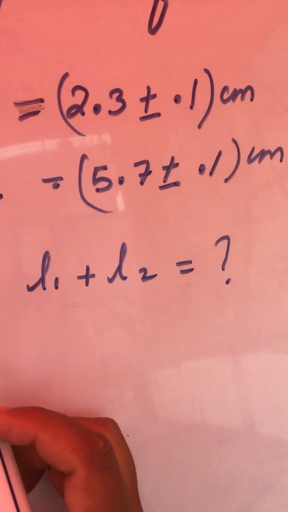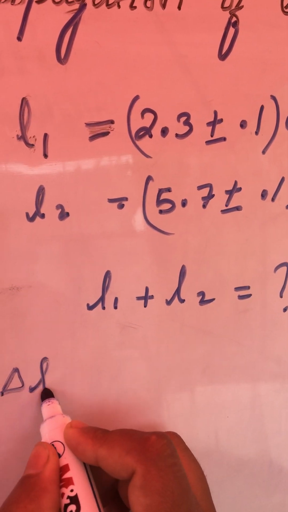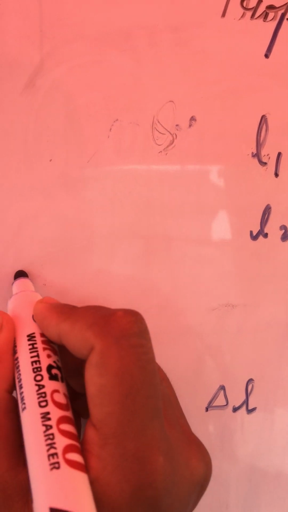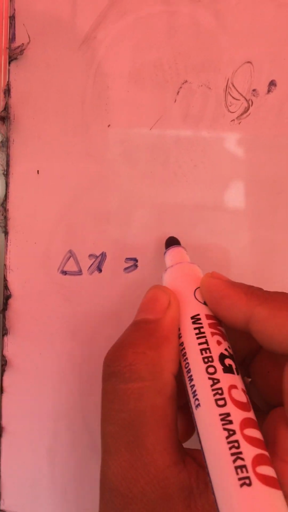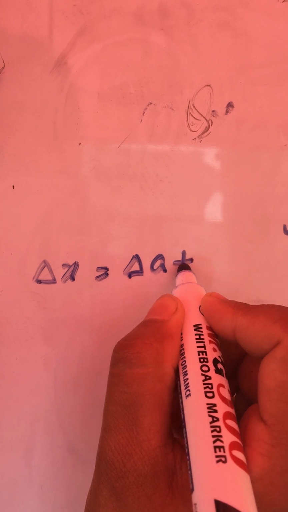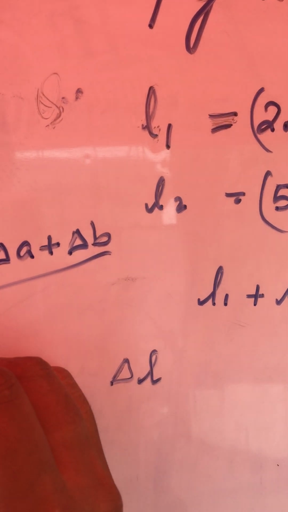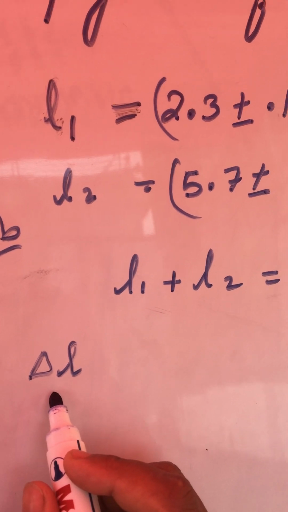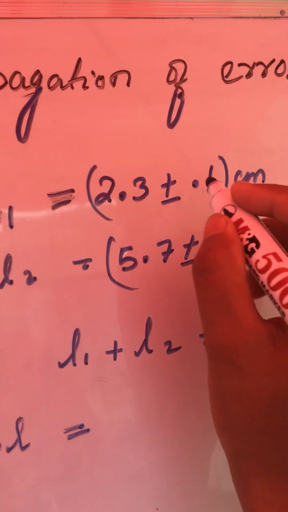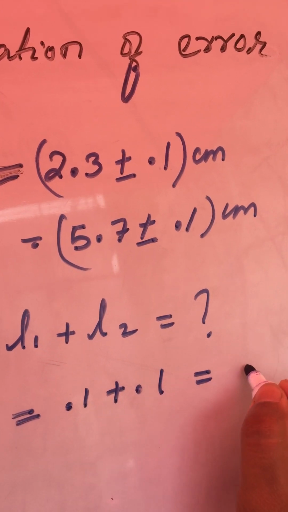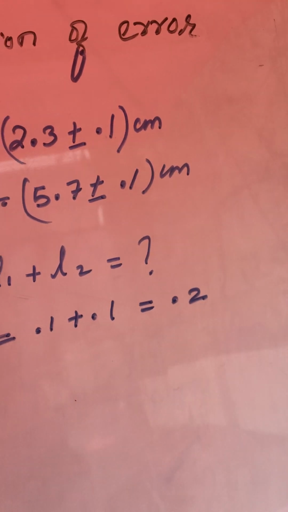Now what about the delta L? For addition, delta X is equal to delta A plus delta B. This is the formula, right? In place of delta X, we have delta L. Now delta L is 0.1 plus 0.1, which is 0.2.